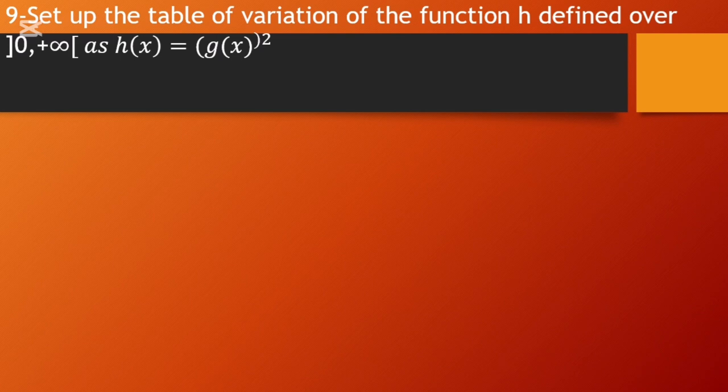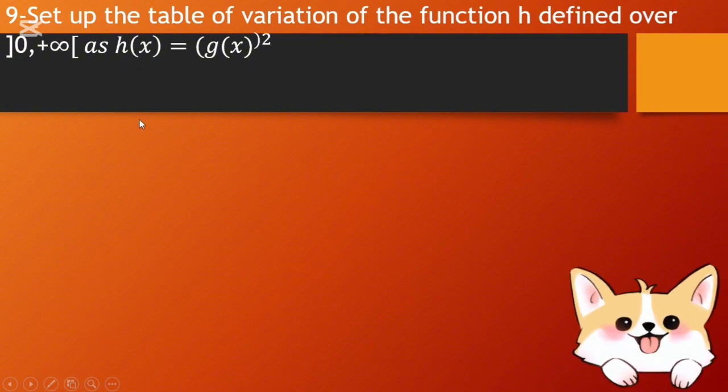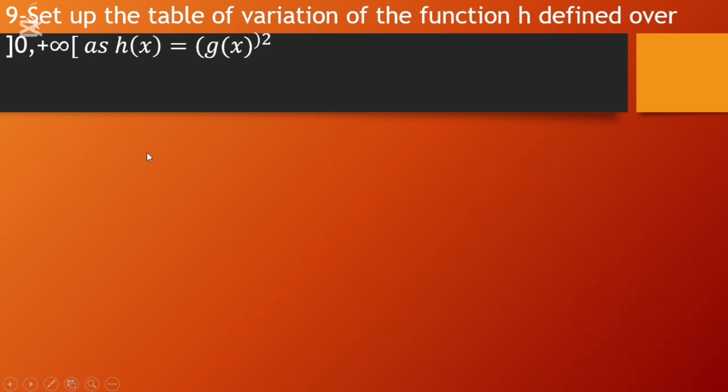In this question, we have to set up the table of variation of the function h defined over 0 plus infinity as h of x equals g of x square. The domain of the function is 0 plus infinity, and we have to calculate h prime of x, then the limits. H prime of x equals 2g of x times g prime of x.